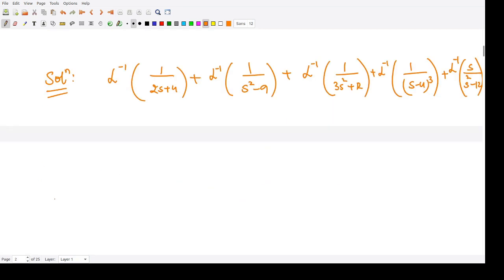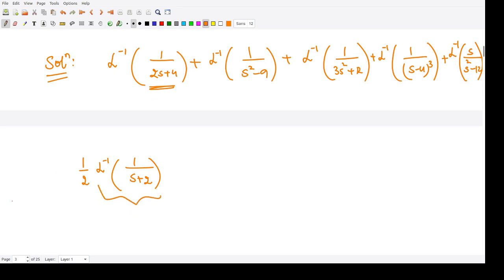So next we have, what is the Laplace inverse of this quantity? We could take 1 by 2 outside. So it would be 1 by 2 Laplace inverse of 1 divided by s plus 2. Now what is the Laplace inverse of this quantity?